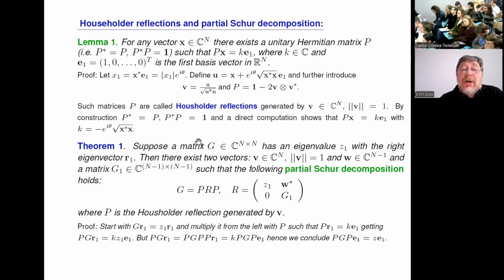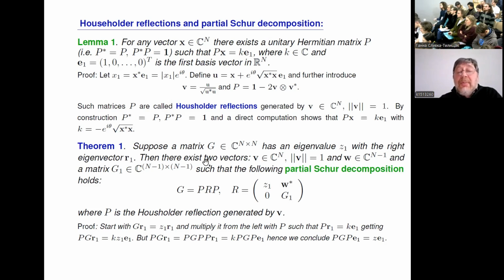Namely, suppose we have some general complex valued matrix G, and suppose we know that it has eigenvalue Z1 corresponding to right eigenvector R1.